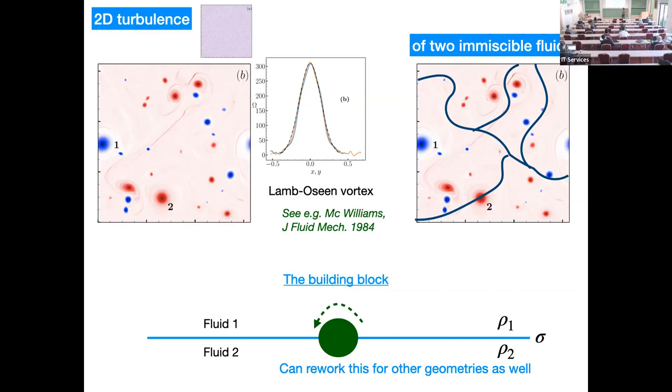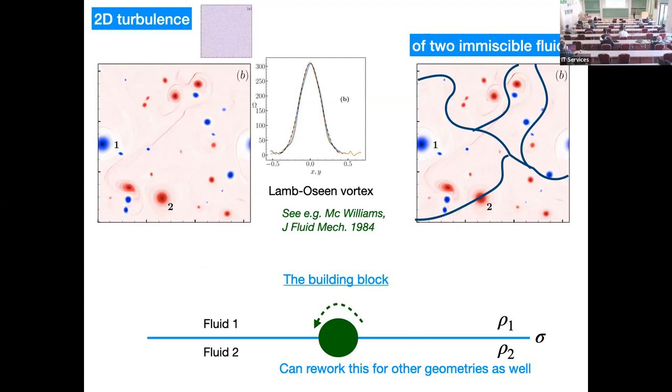And this is well known to last for a very long time. These patches try their best to axisymmetrize and then they live for a very long time. And their profile of vorticity is a Gaussian. So they're called Lamb-Oseen vortices. So Lamb-Oseen vortices are a very, very standard thing in turbulence.